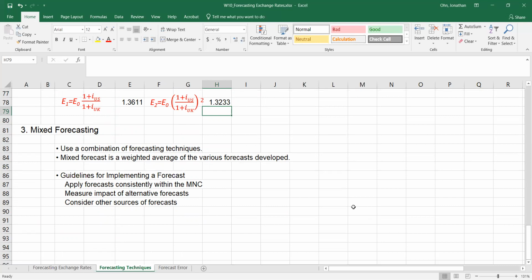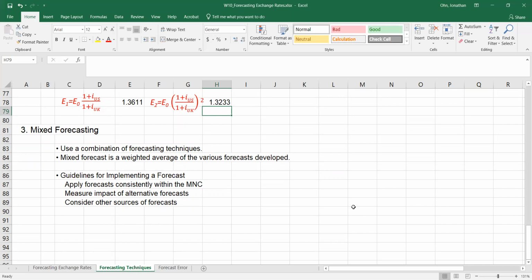So you calculate based on the international Fisher effect, and then purchasing power parity, and then the forward rate, and then you get the weighted average of those. That could be one way.